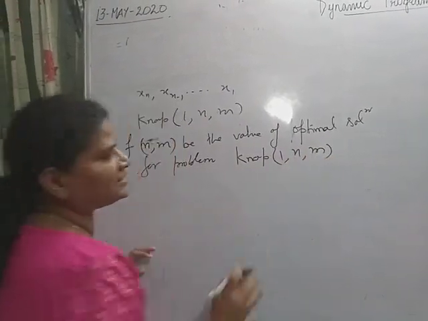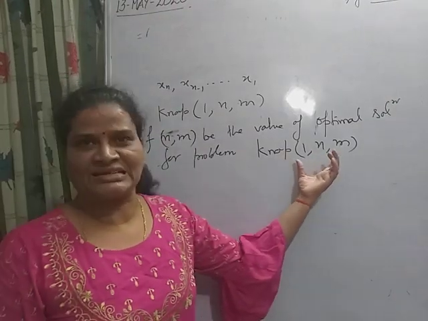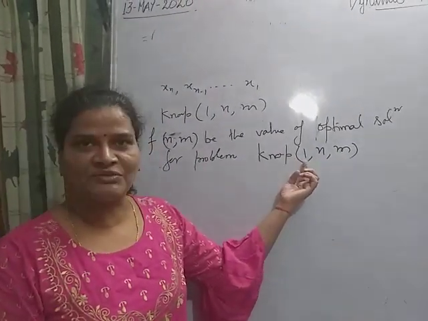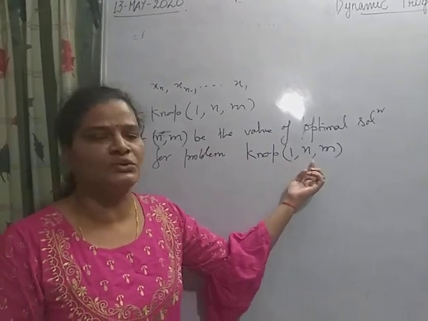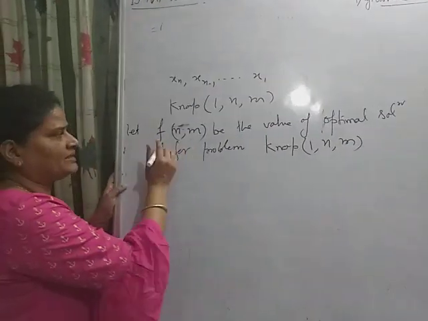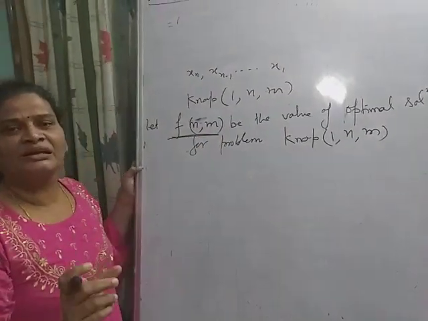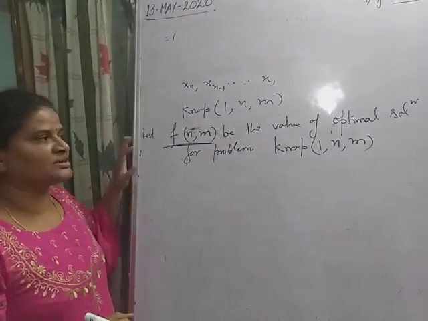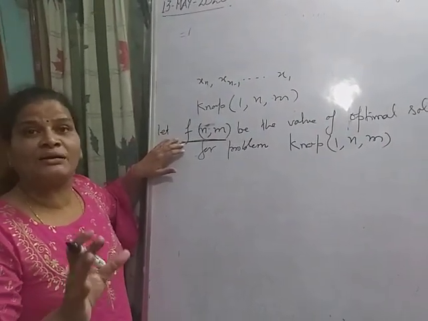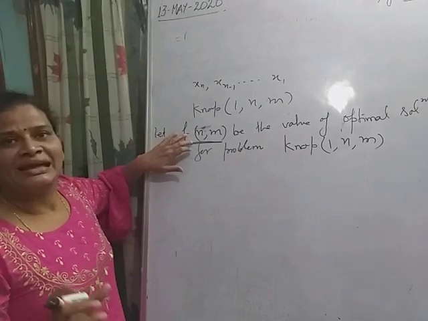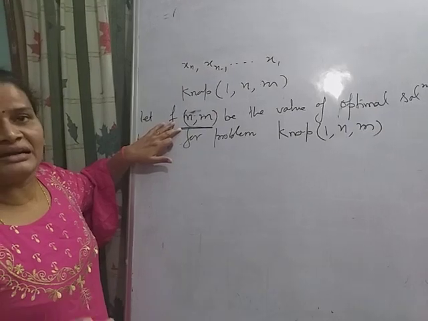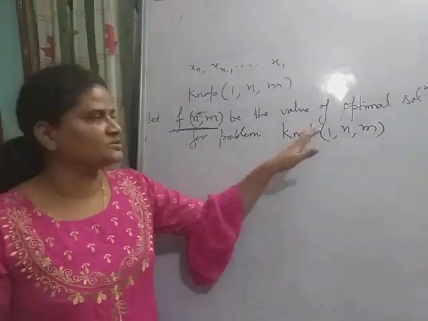This is our problem statement: I have to take the decision for the objects from 1 to n with capacity m. So f(n, m) is the value of the optimal solution, meaning the maximum profit. f(n, m) is equal to the maximum profit earned in the case of the optimal solution for the 0-1 knapsack problem.